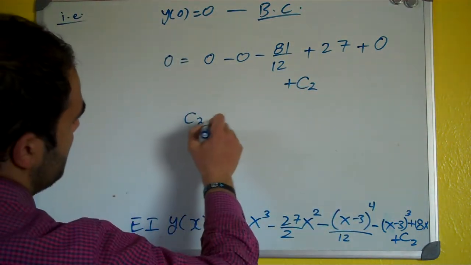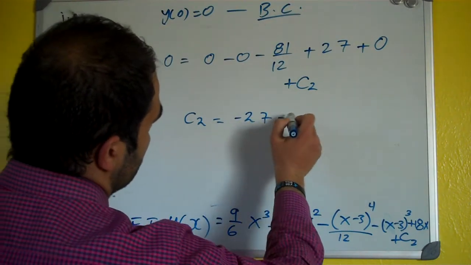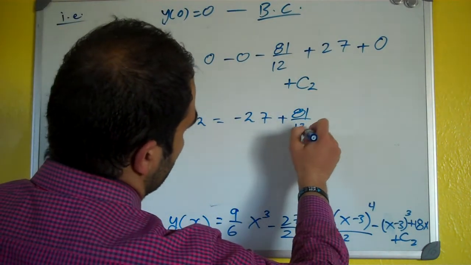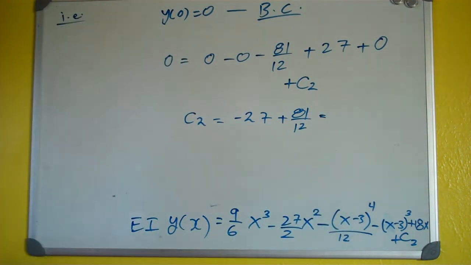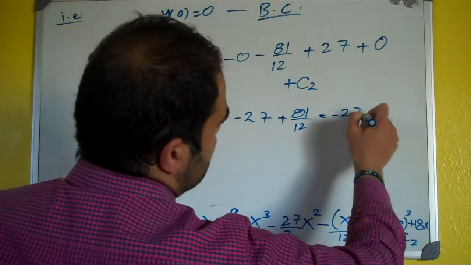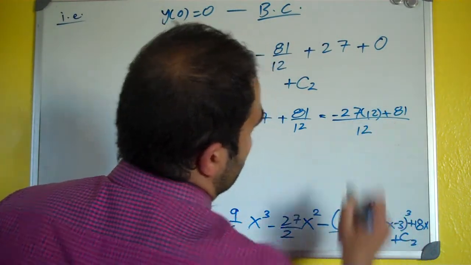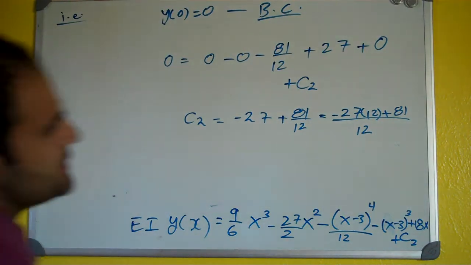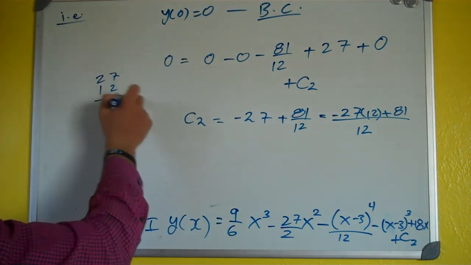So C2 equals minus 27 plus 81 over 12, which is negative 27 times 12 plus 81 over 12, whatever that constant is. So that is 27 times 12 is what?